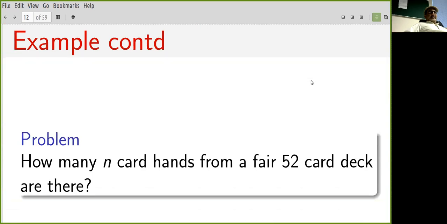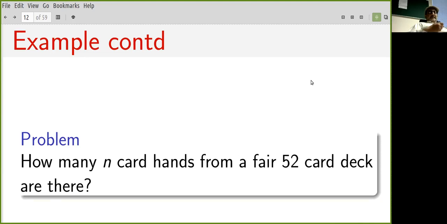Now let's generalize a little bit. How many n-card hands are there from a fair 52-card deck? Well, how do you construct an n-card hand? You pick n cards randomly from 52 without replacement.